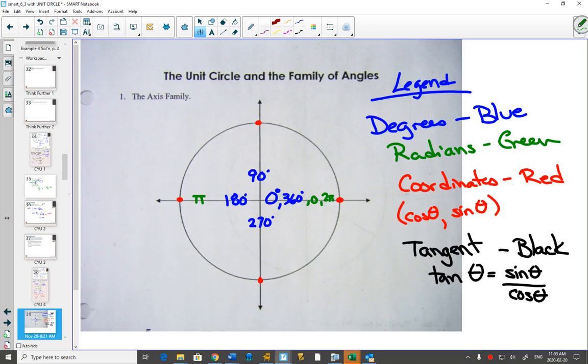If you know 180 degrees is pi, 90 degrees is half of pi in radians. And then if 90 degrees is 1 pi over 2, you could count 1 pi over 2, 2 pi over 2, 3 pi over 2 to figure out that angle. So now we have all those same angles in radians.